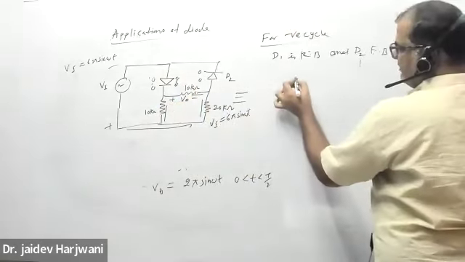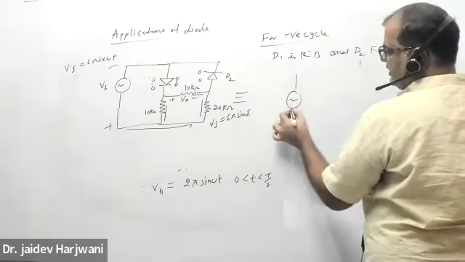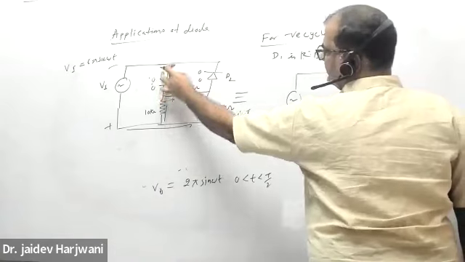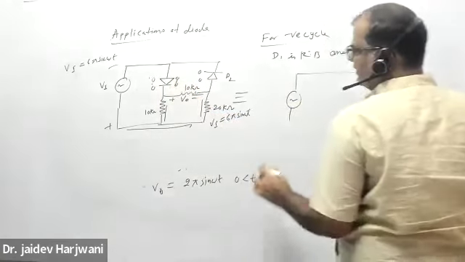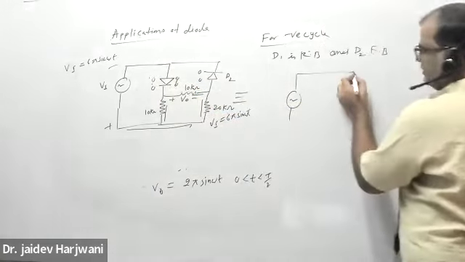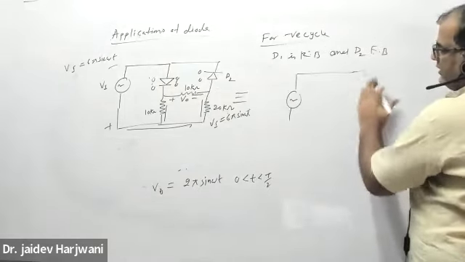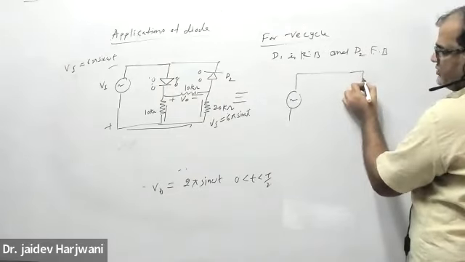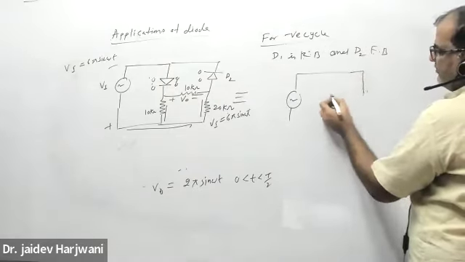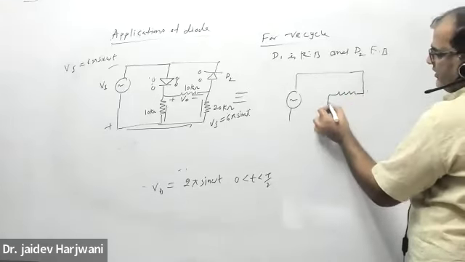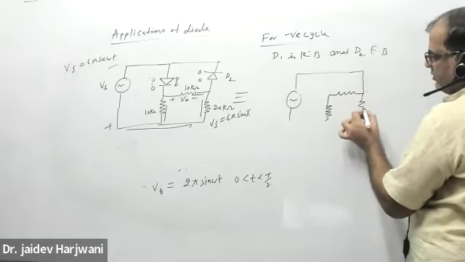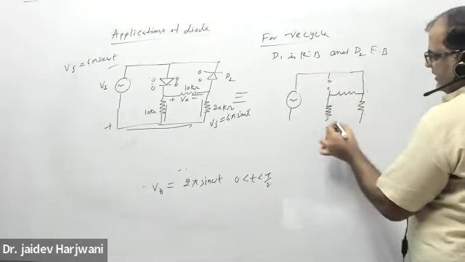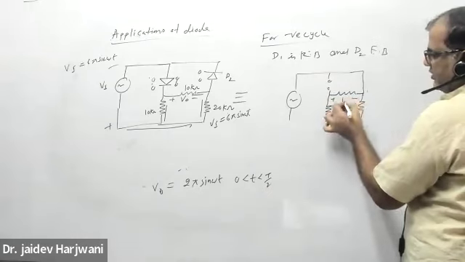So now what will the equivalent circuit be? This is your B. Now this point is open, so it is not connected here; directly this point is connected. First I'm drawing this, then you can modify later. So this is my circuit now. Here it is open. Current is coming like this, and I'm measuring the voltage here, V naught.